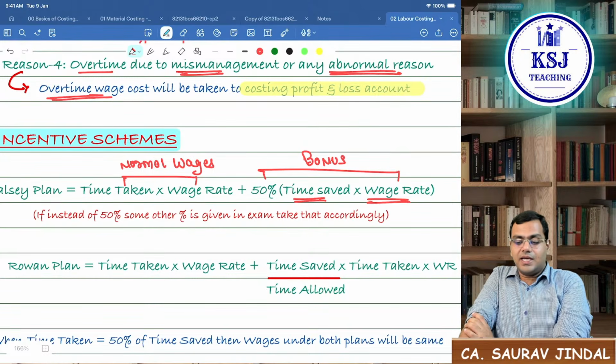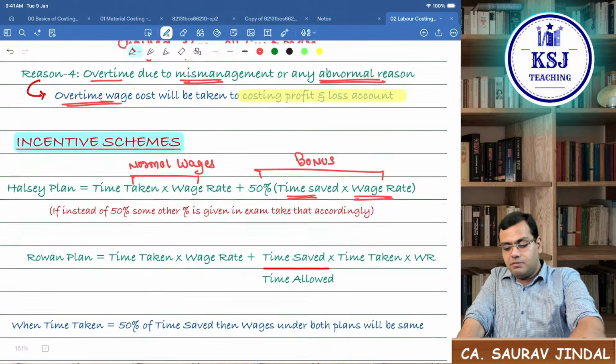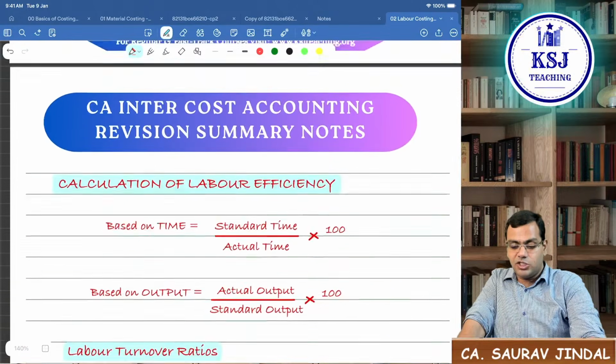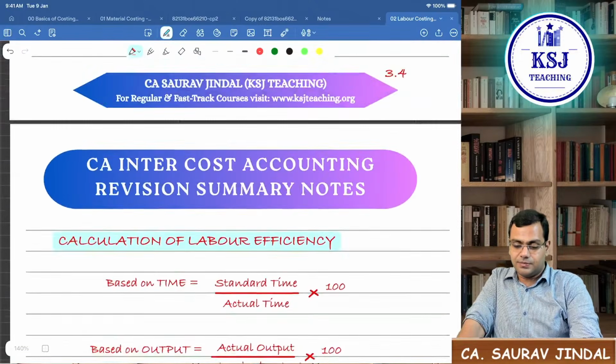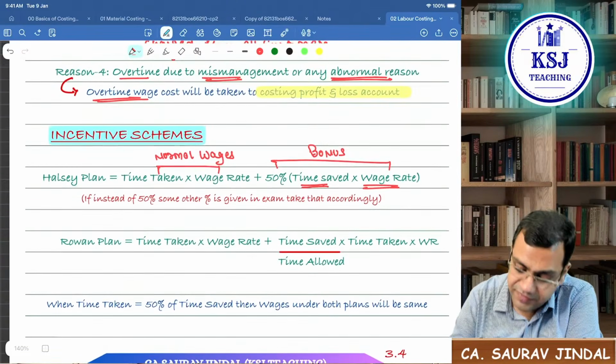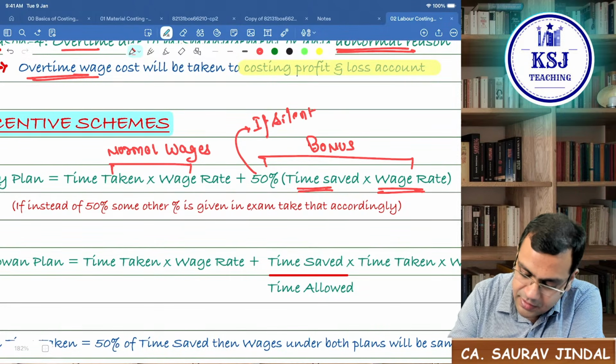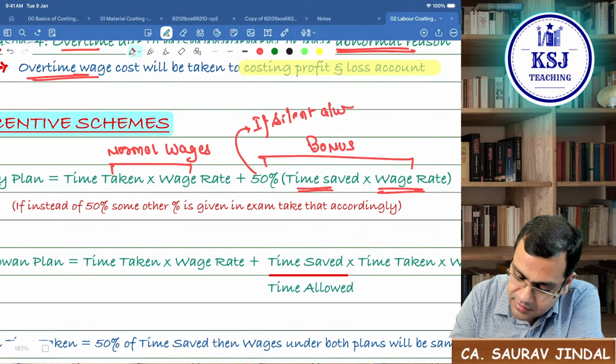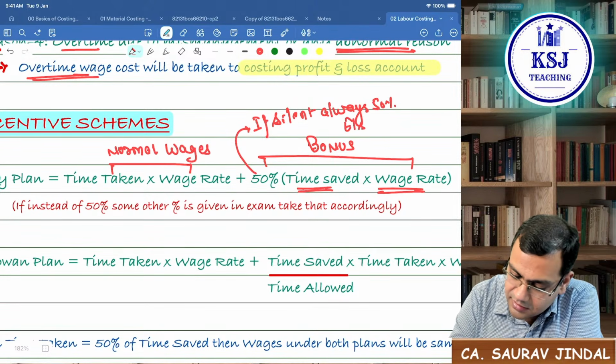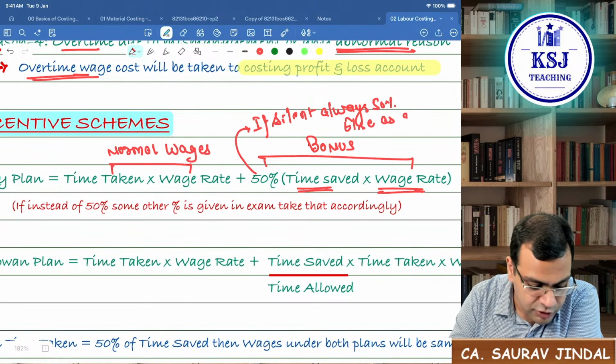If the question is silent, it will always be 50%. But if the question specifically mentions something else, then we take that. If the question is silent, then we always take 50%, else as given in the question.